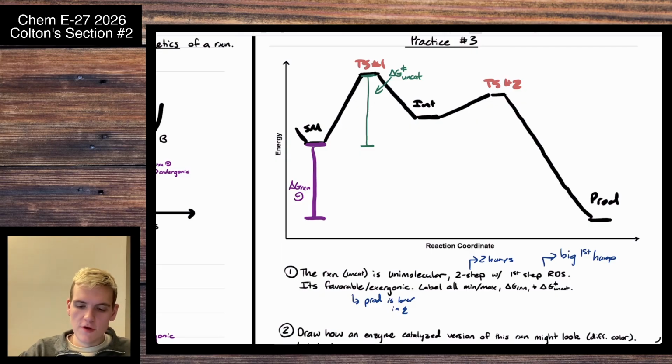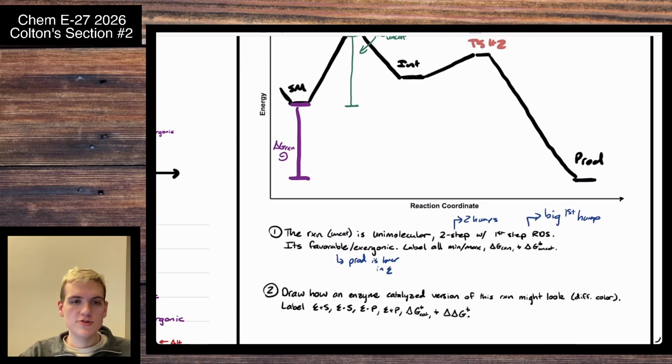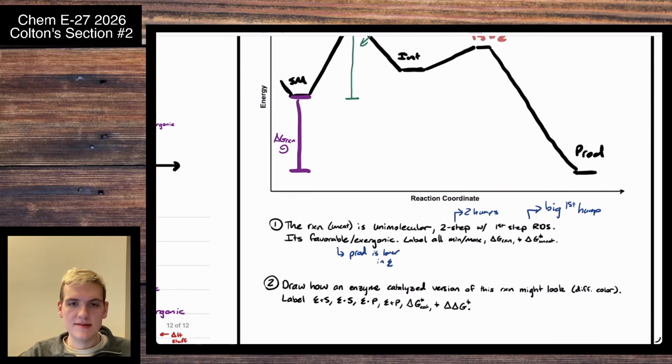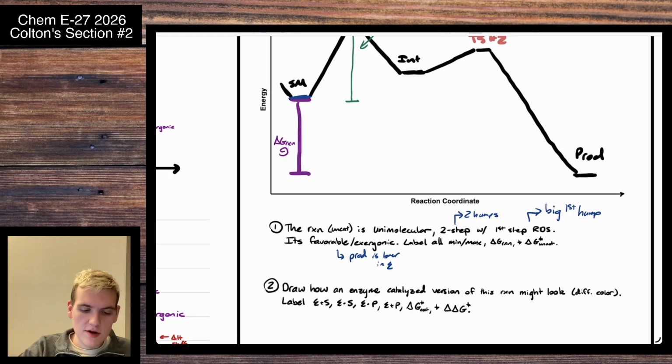Okay, so for our enzyme, I'm going to do the whole thing in blue. We now want to draw the enzyme catalyzed version of this in a different color. And then we want to label all of the different states, the delta G double dagger catalyzed, and the delta G double dagger. So we're going to start at the same starting materials, but we're going to call this enzyme plus substrate. And then we said that if this is going to bind, we want it to be lower in energy. So here.